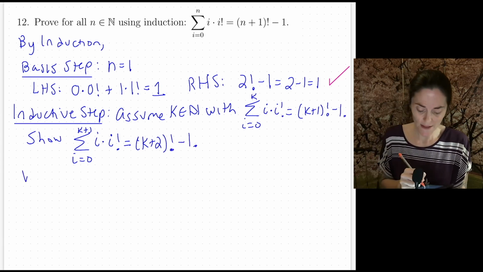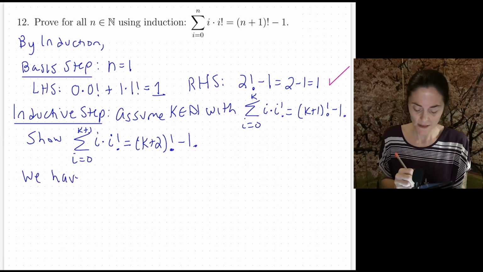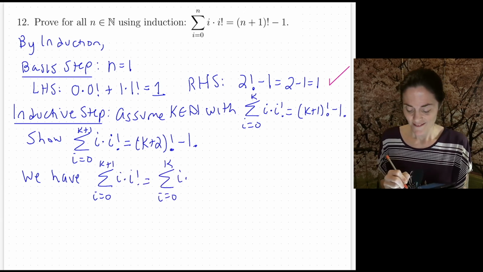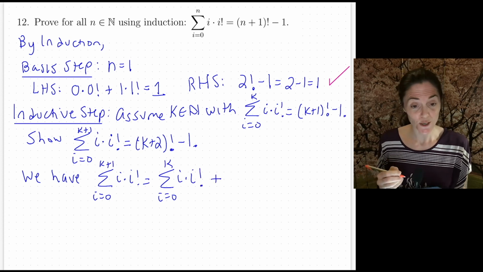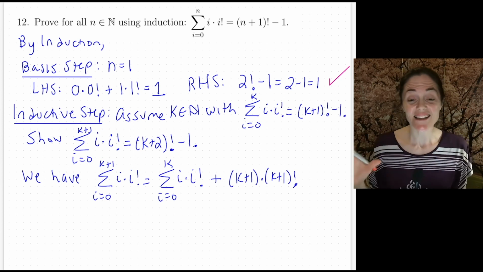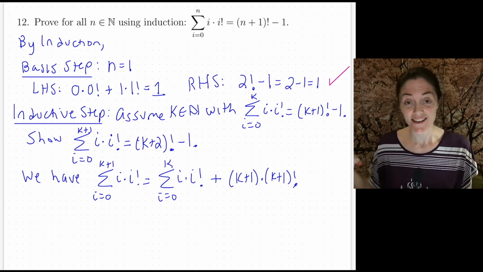Again, we start with the left-hand side. So we have the sum from 0 to k, and then the (k+1)th term would be (k+1) times (k+1) factorial. This is not the inductive hypothesis, not yet.